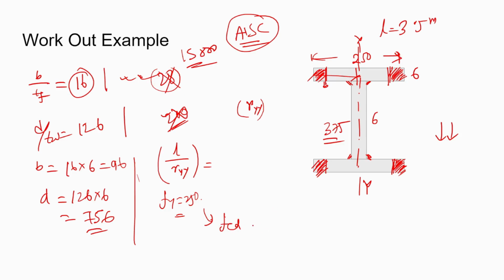To find FCD you have to know the buckling class. What is the buckling class here? Yes, the buckling class is always C for built-up section about the minor axis. Now you have FCD and effective area. Just deduct this area, you will get the effective area. Once you multiply that, the allowable load will be available to you. Simple, right? So let's work out.